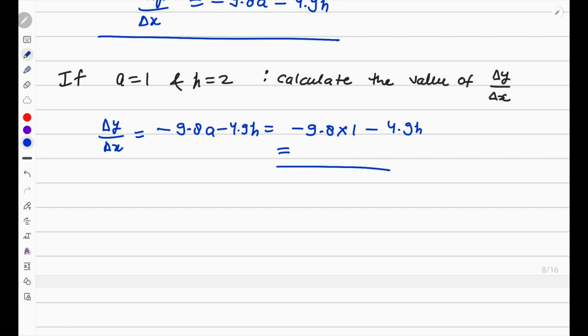So you can try to solve it by yourself. h is 2, so it becomes minus 19.6. So you can do the calculation by yourself. You can try it and solve it.